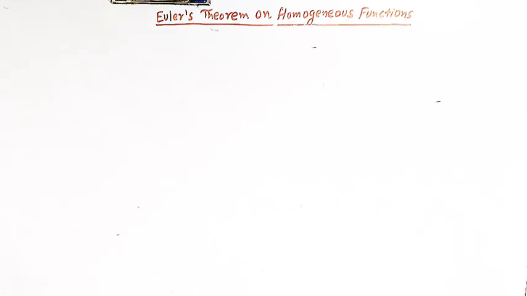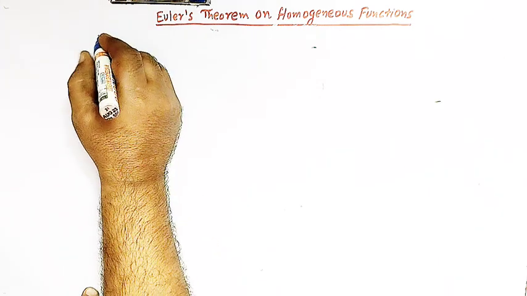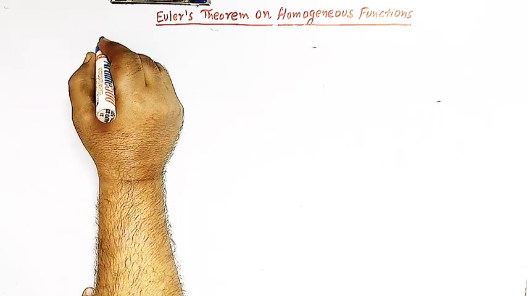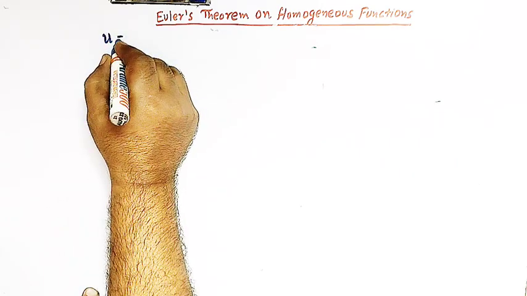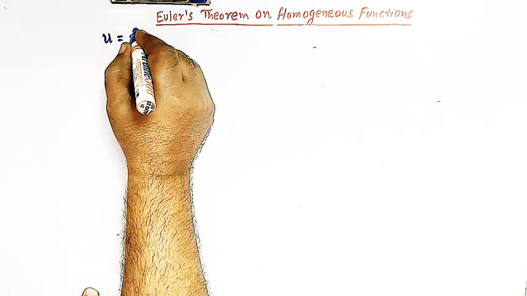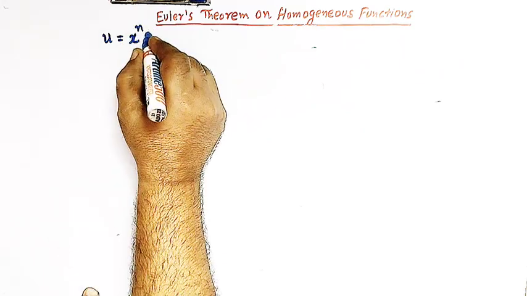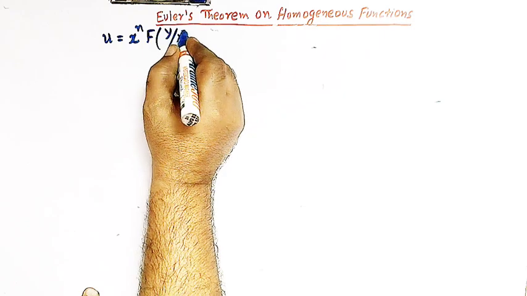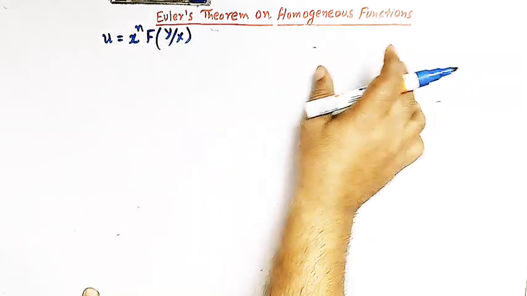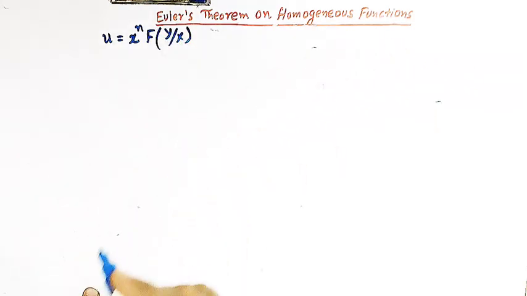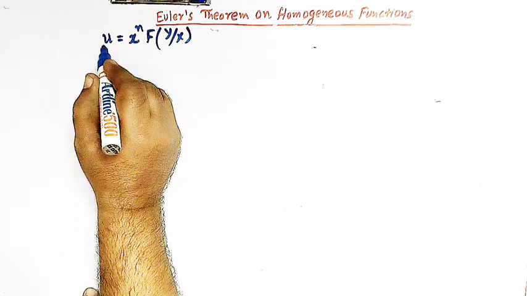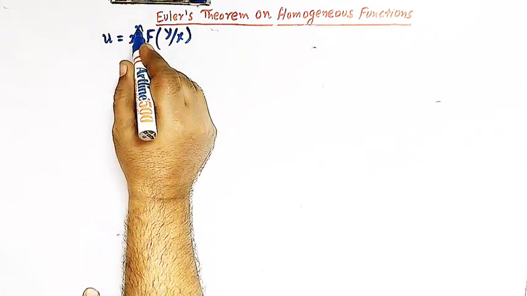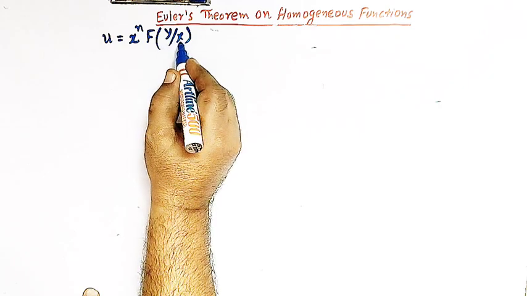Now let us consider the statement of Euler's theorem on homogeneous functions of two variables. Suppose we have a homogeneous function u, which is expressed as x raised to n times a function f of y over x, which we have just discussed with the help of the previous examples. So u is x raised to n f of y over x.